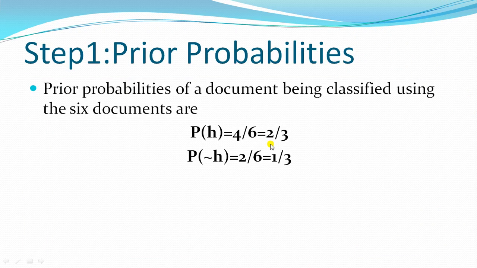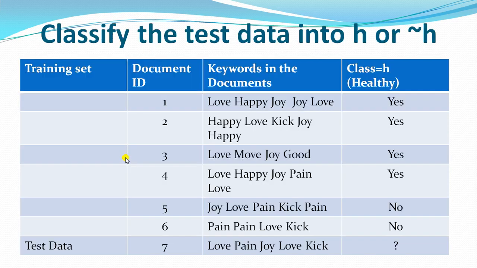The first step is to calculate the prior probability. We have a training set from document 1 to document 6.